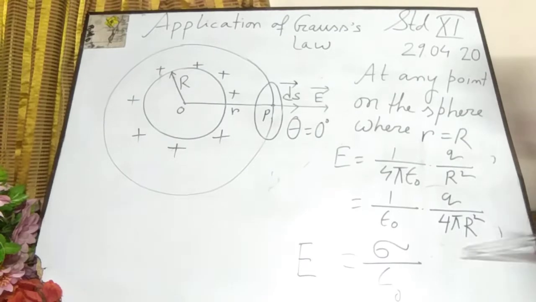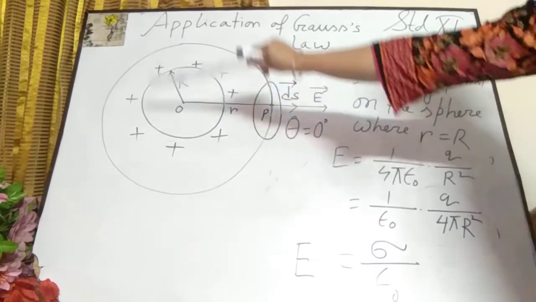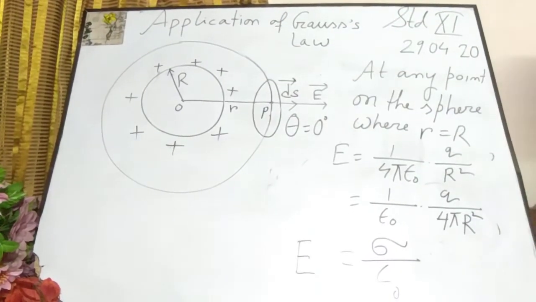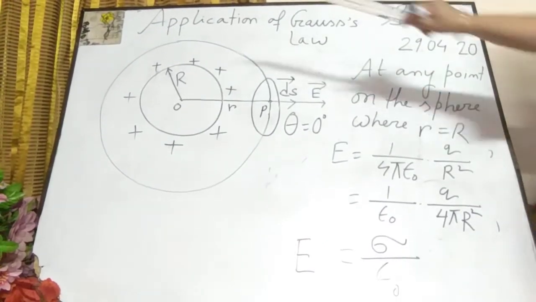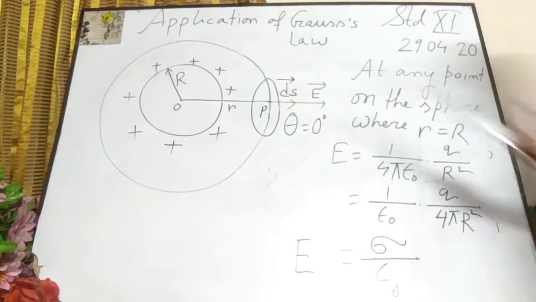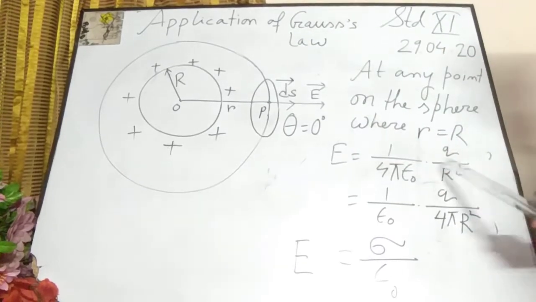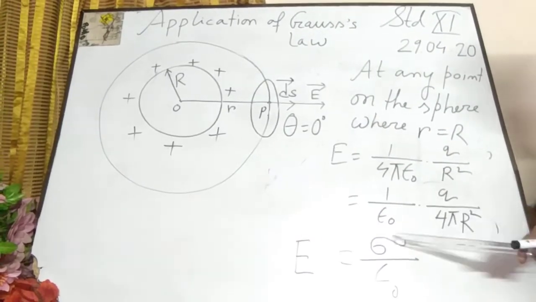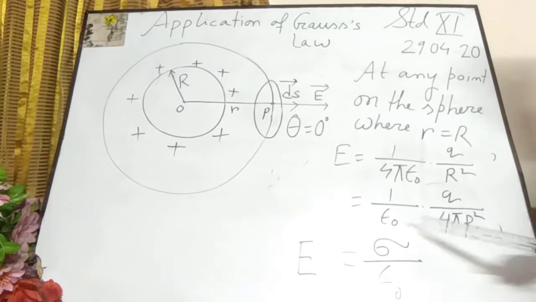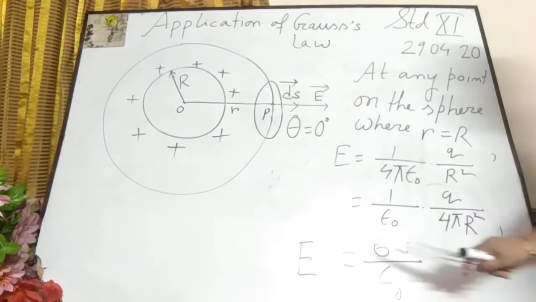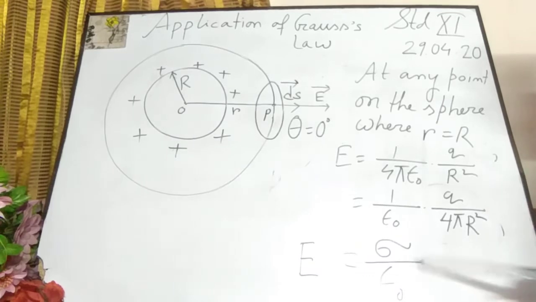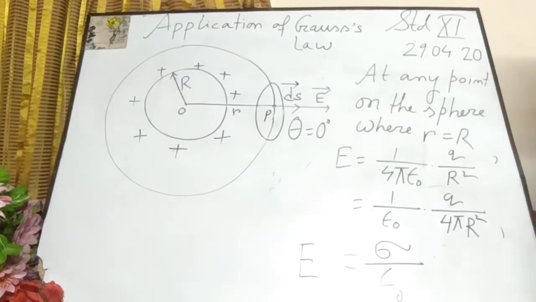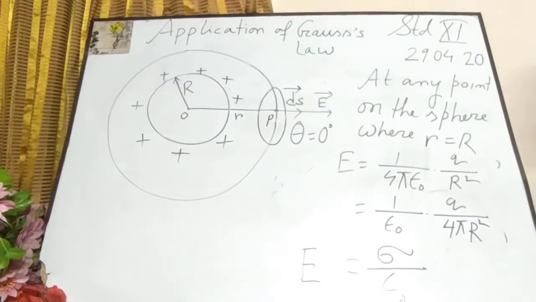The surface area of this hollow sphere is 4 pi capital R square, and the charge that is distributed on this surface is Q. So Q by 4 pi R square is termed as sigma, that is charge density. So I can write electric field intensity E equal to sigma by epsilon naught. Do you understand? So now I will show you.